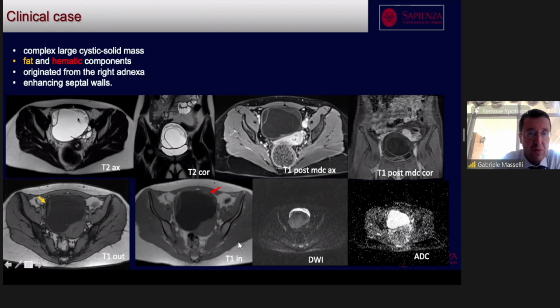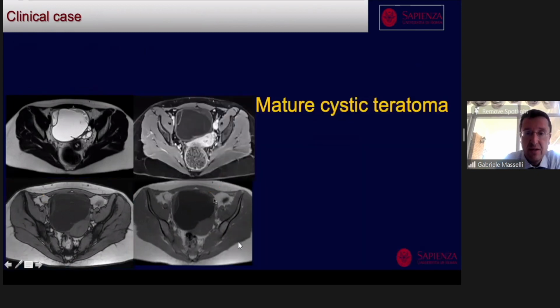We see multiple septations, but we see some areas that drop signal on T1 out-phase in comparison with in-phase, indicative of the presence of fat, with no restriction of the diffusion. So we are confident with the presence of benign criteria. There are also some hemorrhagic areas. The final diagnosis was mature cystic teratoma.